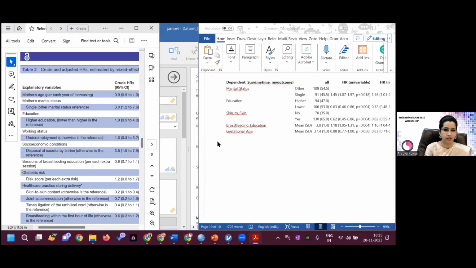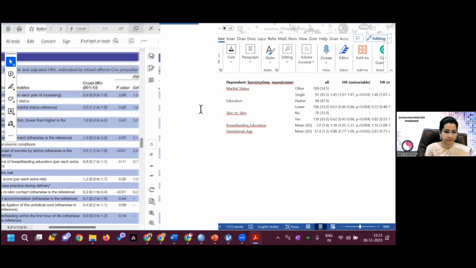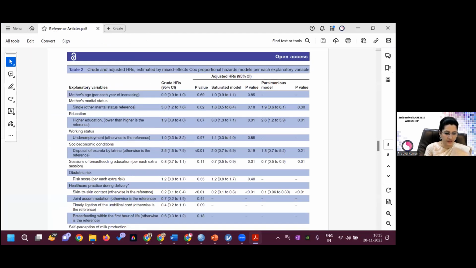Yes, so you can see here that this is again the crude HR, and its p-value is 0.93. And this is again univariable, which you can see here: the p-value, the confidence interval, and this is the univariable. And the multivariable, now what they have done, if you see this second section, this part is the saturated model.